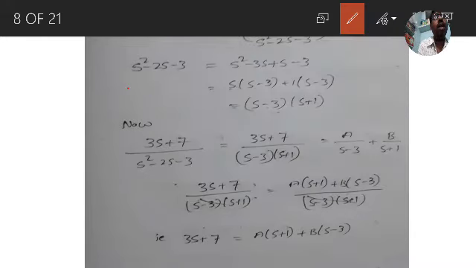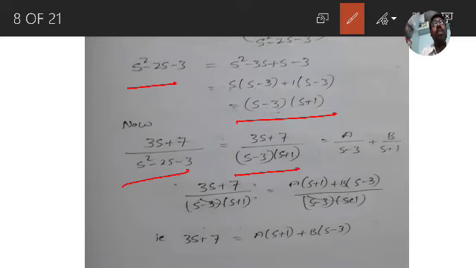So we converted the quadratic into linear factors. Now in place of the quadratic write the linear factors: 3s plus 7 by s minus 3 into s plus 1. Using partial fractions, for s minus 3 write A by s minus 3, and for s plus 1 write B by s plus 1. So we write the quadratic into linear factors and the linear factors into partial fractions.